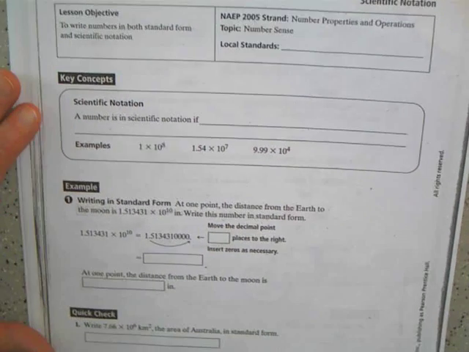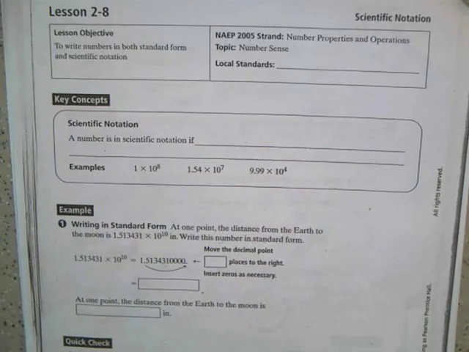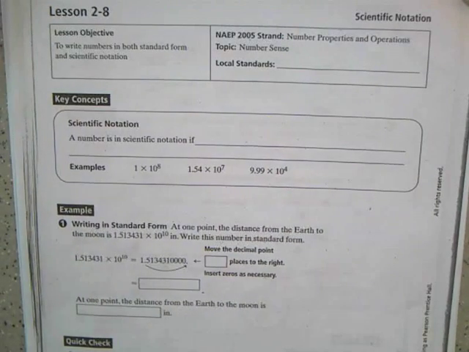Okay, scientific notation is a special way of writing numbers that are very large or very small, that would have lots and lots of zeros within them, usually in a bit of a shorthand way.